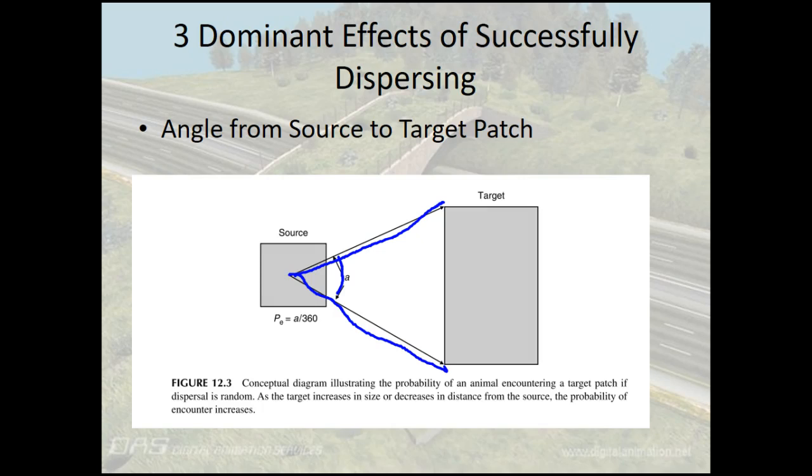And by a target patch, we're talking about suitable habitat. We don't know what this area is, but if this is a target of where it could end up. Now keep in mind, animals don't have a target in mind when they're dispersing. They might when they're migrating, but not when they're dispersing. So it's a pretty random choice. The probability is A, this angle, divided by 360.